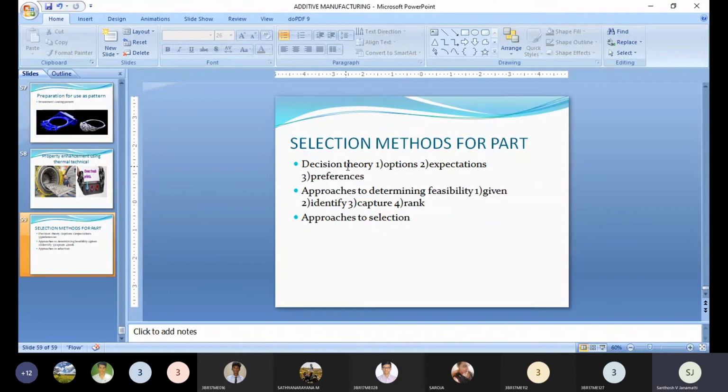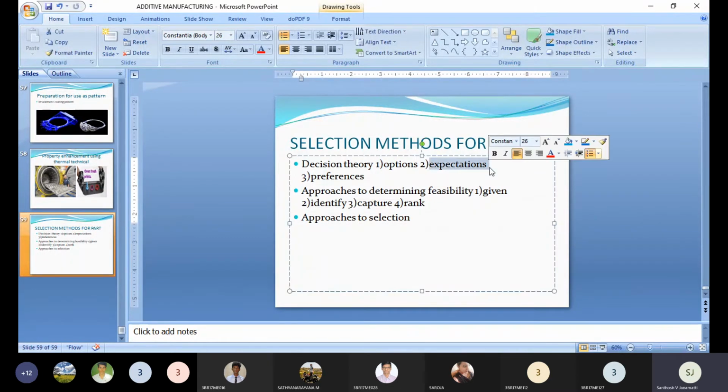Hope you understand. In decision theory, the customer is there, telling us, I want it like this. These are the expectations from the customers. Yes, expectations from the customers: I want it like this and like that, you need to produce the components in this way. And the expectations are not only from the customers.